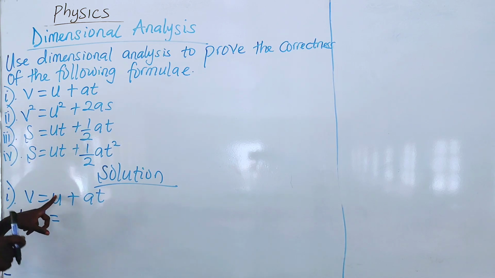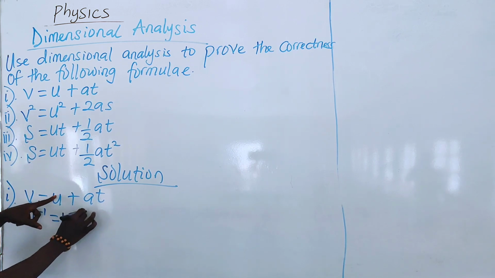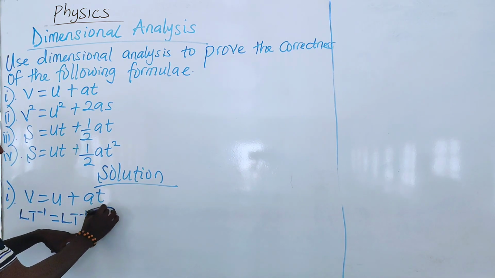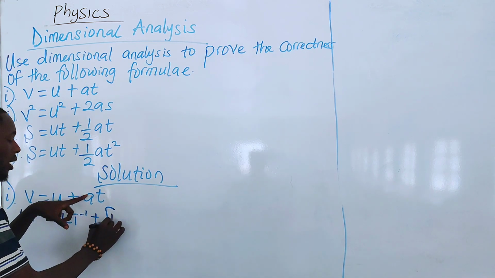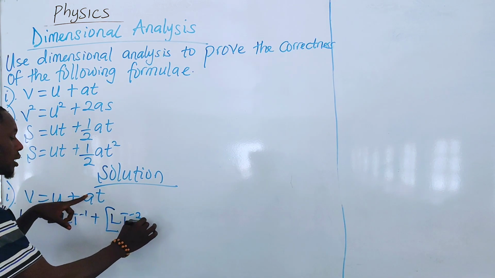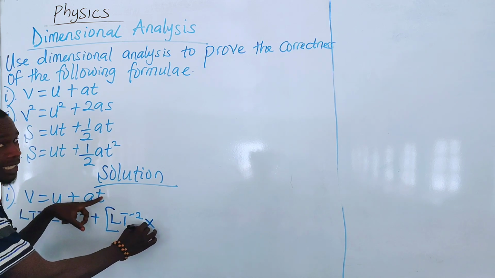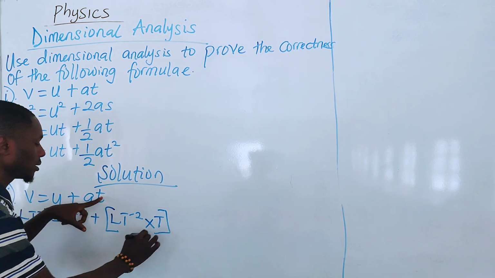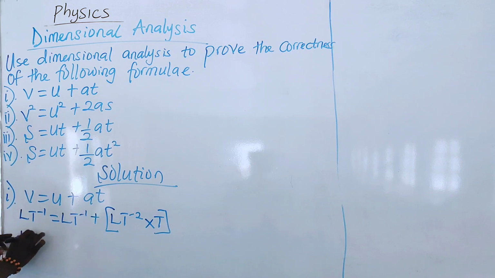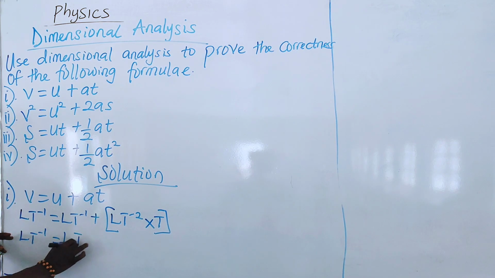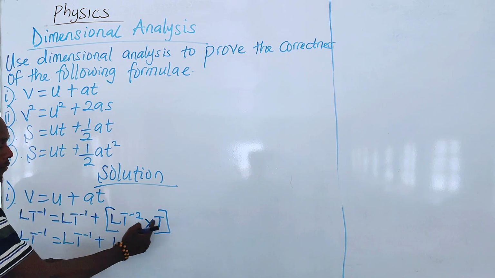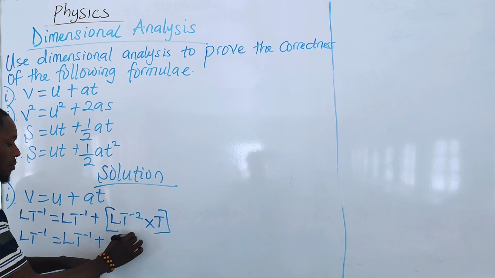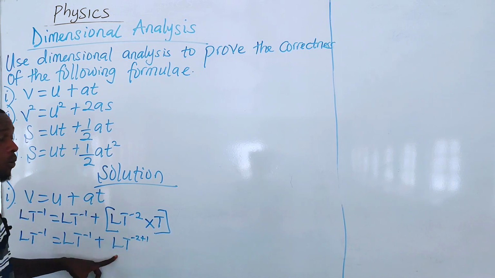U here stands for the initial velocity, and that is also LT minus 1 plus, now, acceleration. The dimension of acceleration we know is LT minus 2, then it's multiplying time, and the dimension of time is capital T. So we have LT minus 1 is equal to LT minus 1 plus LT minus 2 times T. Now, from indices, this is the same thing as minus 2, then plus 1.